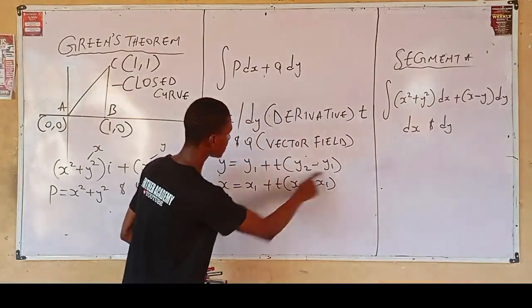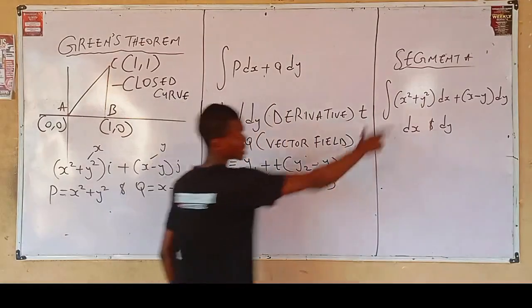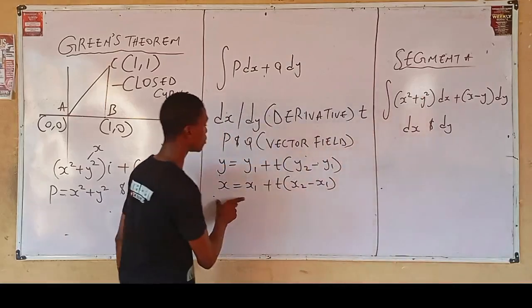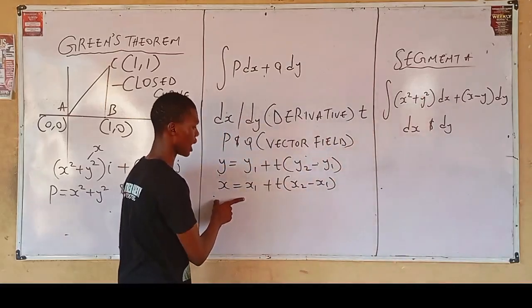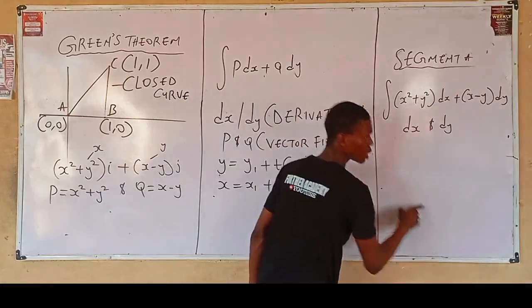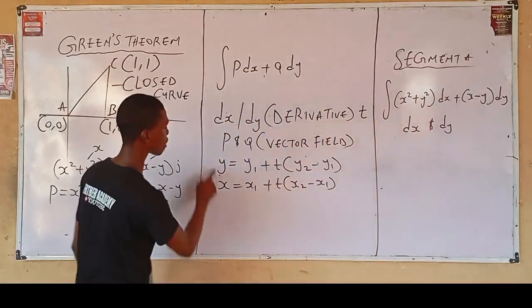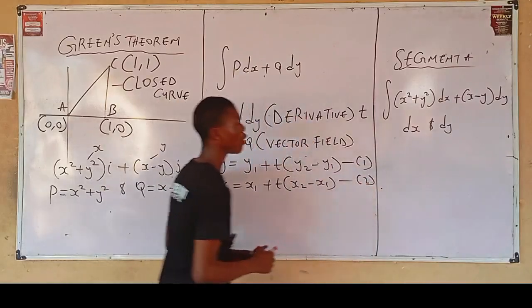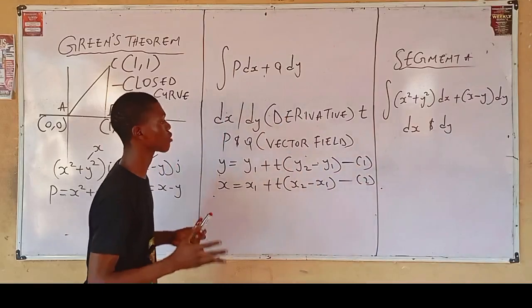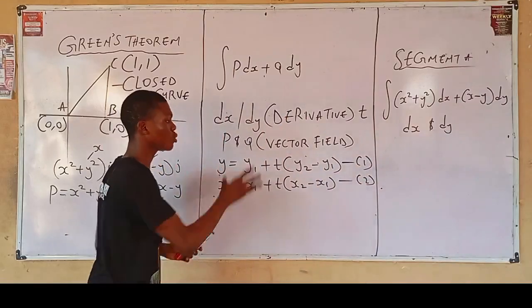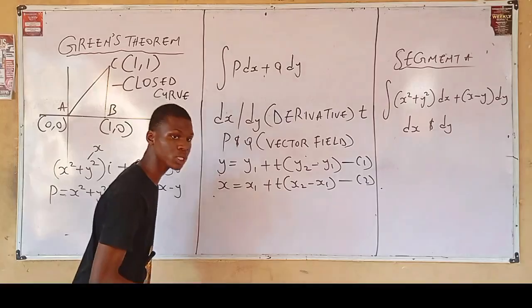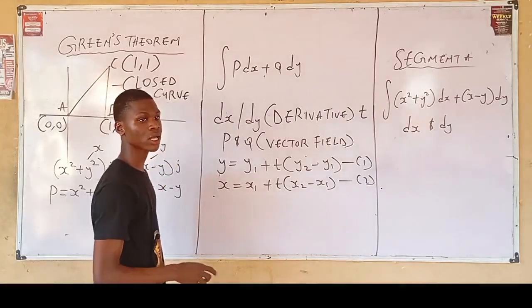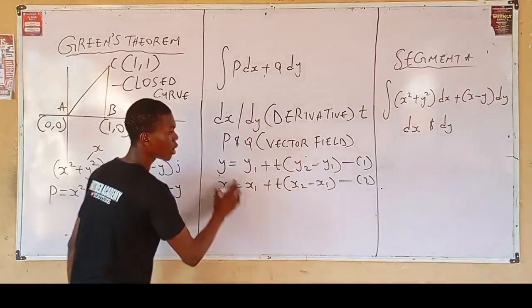Using this formula, let's get the function of y at segment A. Using the same formula, let's get the function of x at segment A. But you observe something from each formula. Call this one, which is for y, 1, and call this 2. For 1, which is the one I'm going to use to calculate the function of y, what are the unknowns? y1 and y2. Right? y1 and y2.